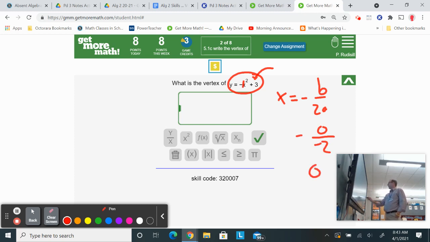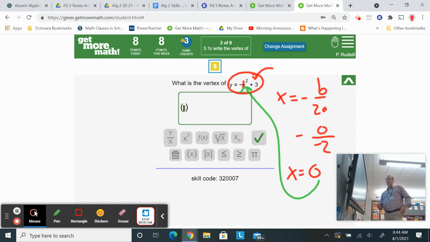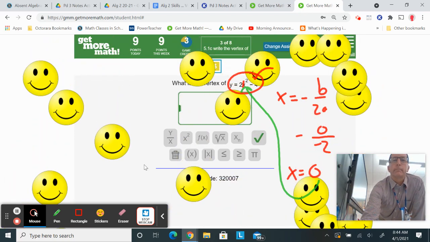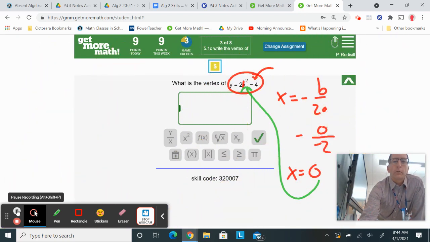But again, it doesn't matter. X is 0. But what I do now is I substitute that in where x is, and then I get my y output, which ends up being a 3. So my ordered pair for this one, the vertex is at 0, 3 for that parabola. So good luck with those.